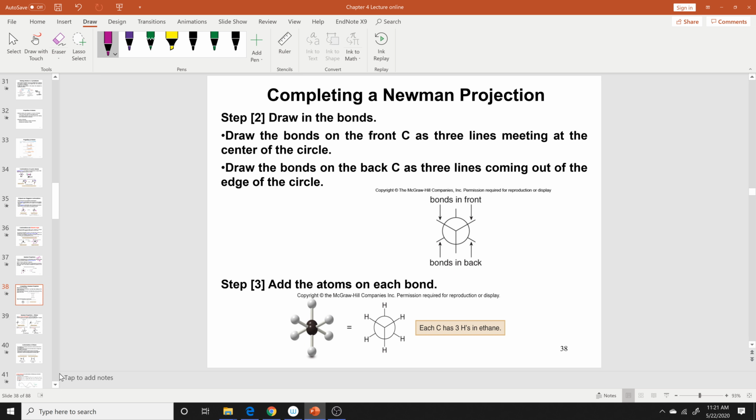So here in the staggered conformation, this is going to be my carbon in front. And the carbon at the back, I'm going to make it green. So that carbon at the back is going to be green, and that will be represented by the circle. So the carbon in front has all of these three hydrogens pointing.